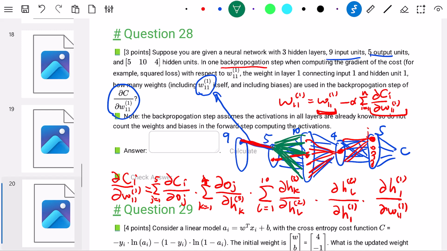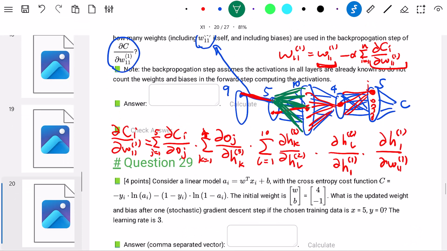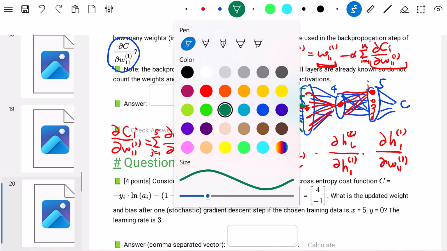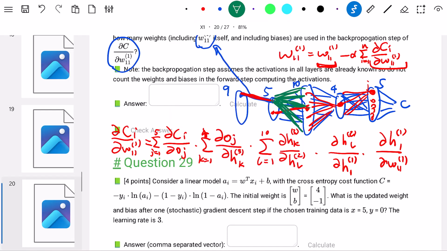Okay, so now the next step is to write out which one of these contain which weights, but I think you can already see here that we need all 10 of these weights, and we need all 40 of these weights, and we need all 20 of these weights, and we don't have weights here.